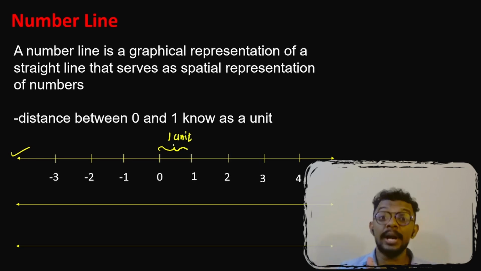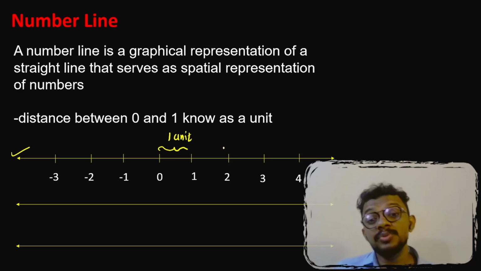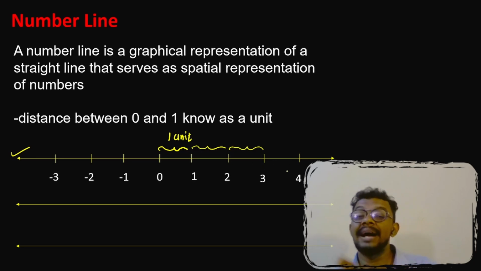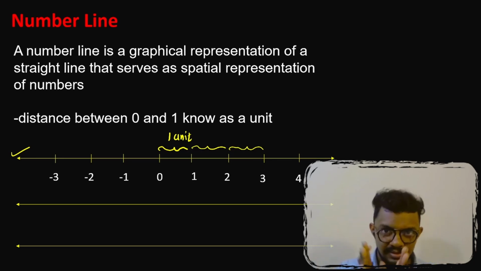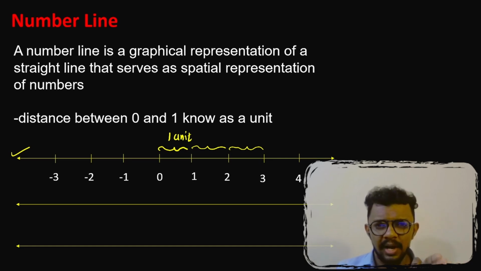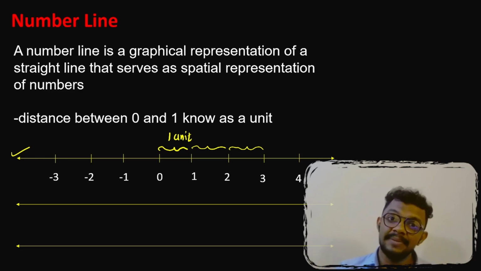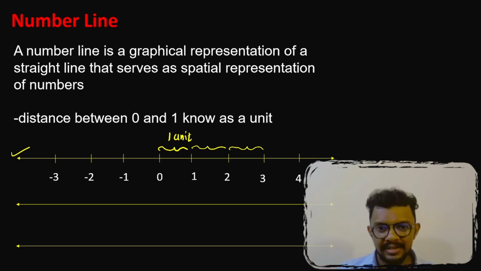If I fix 1 unit, then I should move the same distance towards the right. It should be 2, 3, 4, 5, etc. So the first point: the distance between 0 and 1 is called 1 unit. Second point: that distance is always the same in a single number line.